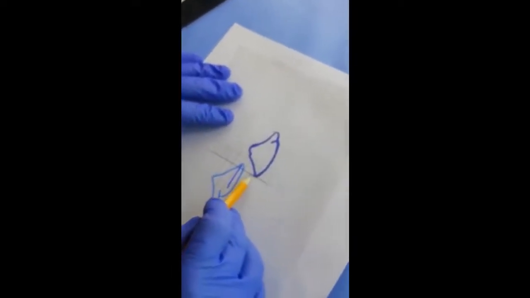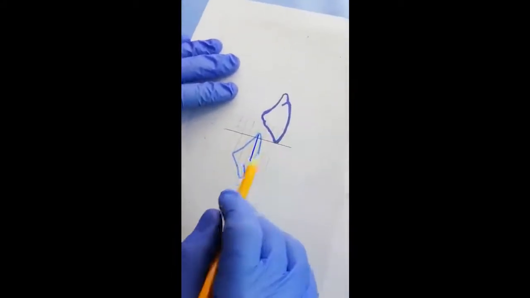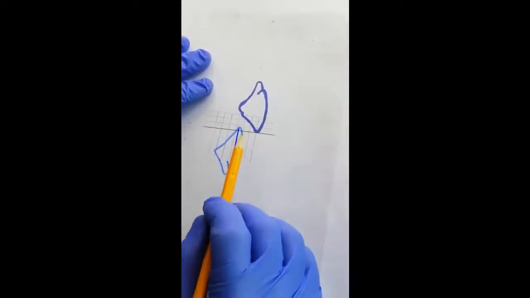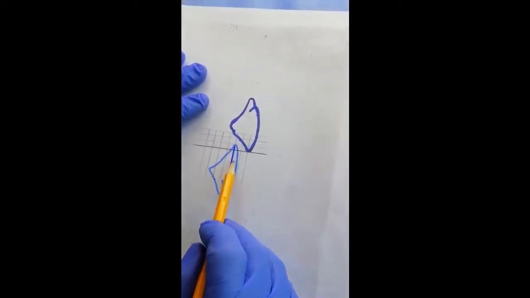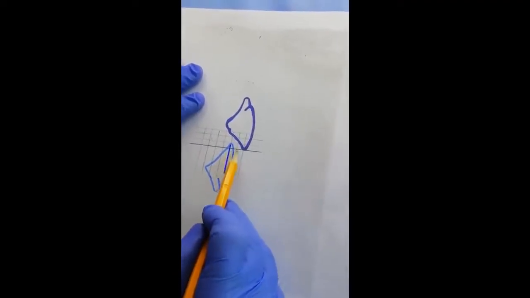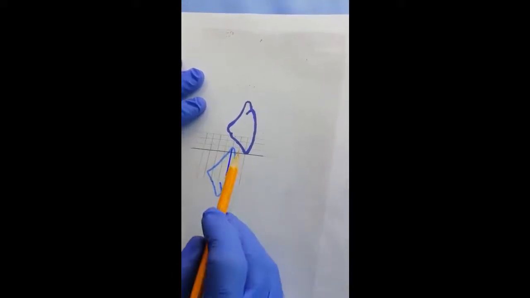This is the occlusal plane, and this is the maxillary central incisor. This is the mandibular central incisor. Now, if we put the lower central incisor in this position, we have 2 millimeters of overjet and 1 millimeter of overbite.